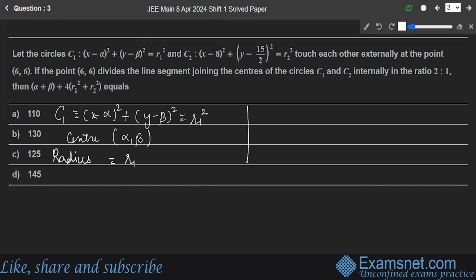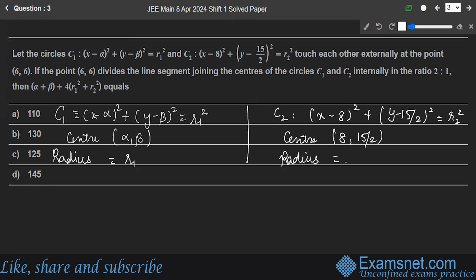And the second circle is (x − 8)² + (y − 15/2)² = this. So from here, you have the center as this and radius as R2.